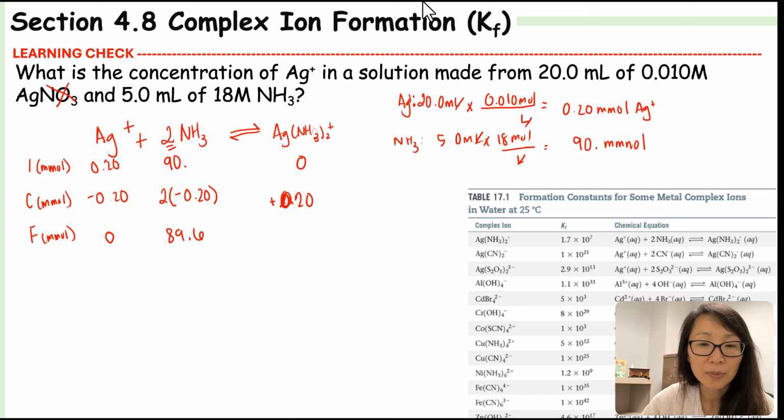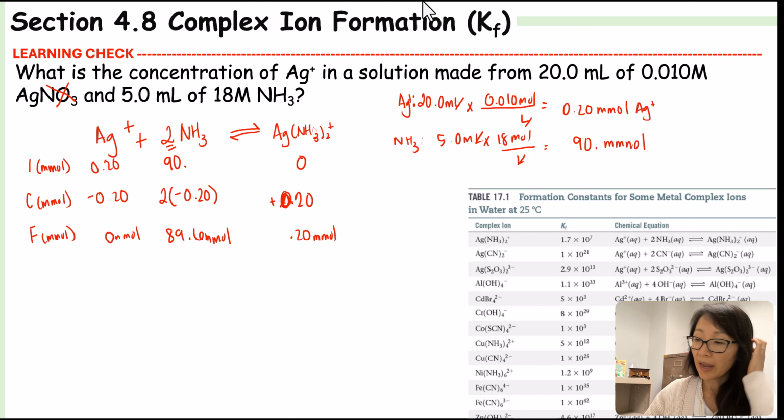And then this one would be plus 0.20. And these are all in millimoles. Okay. And then we're going to go ahead and find out the concentration of all of these guys next.